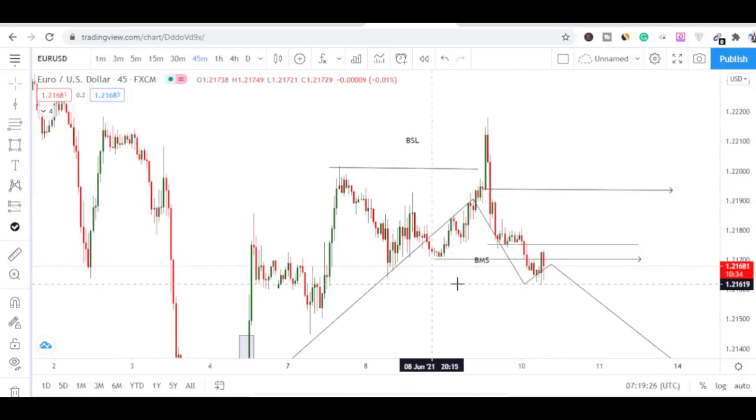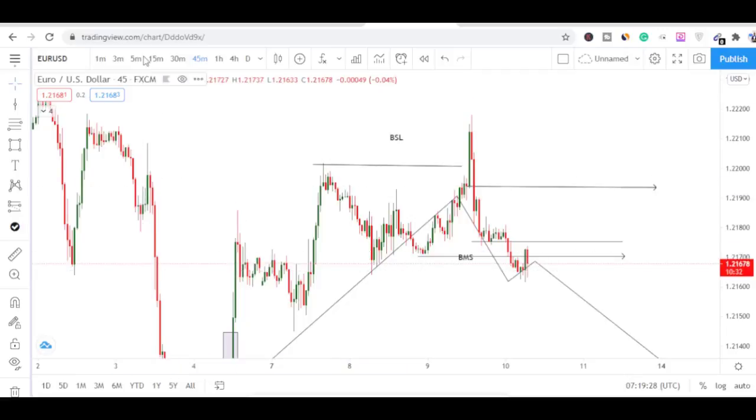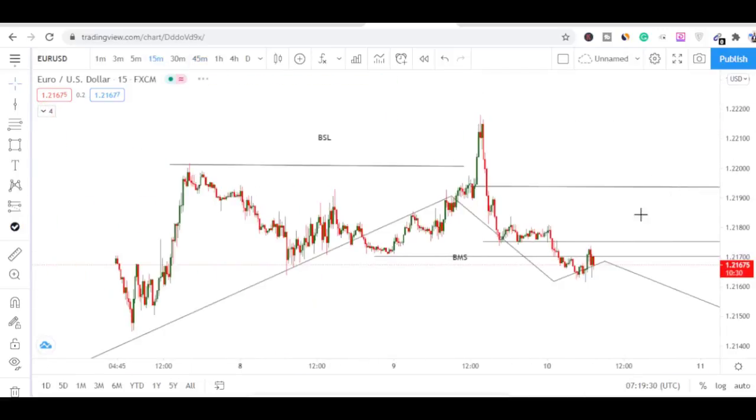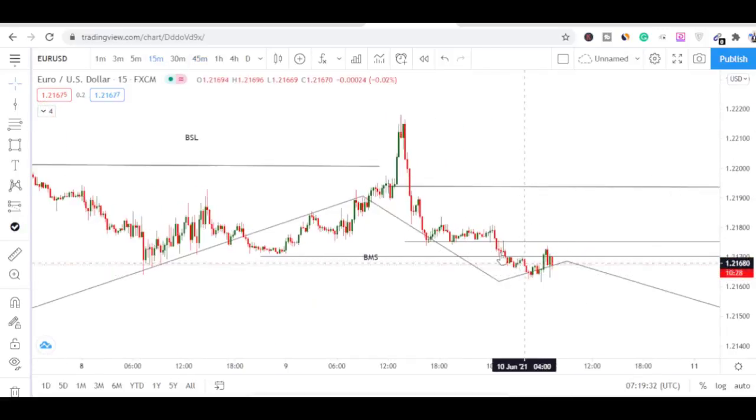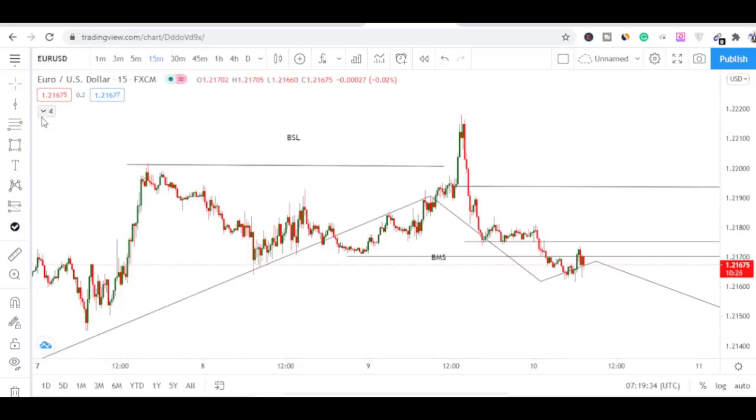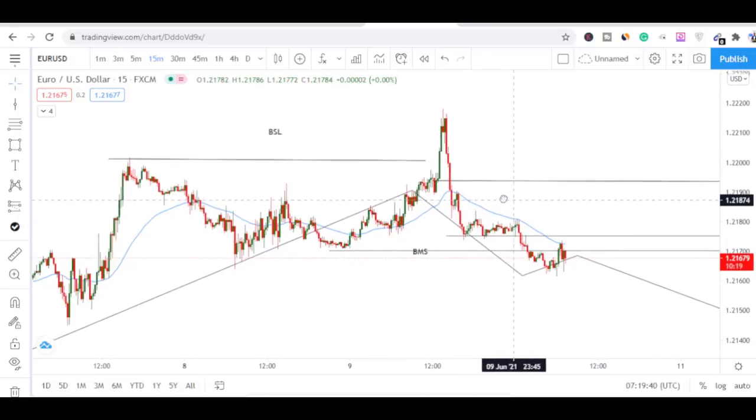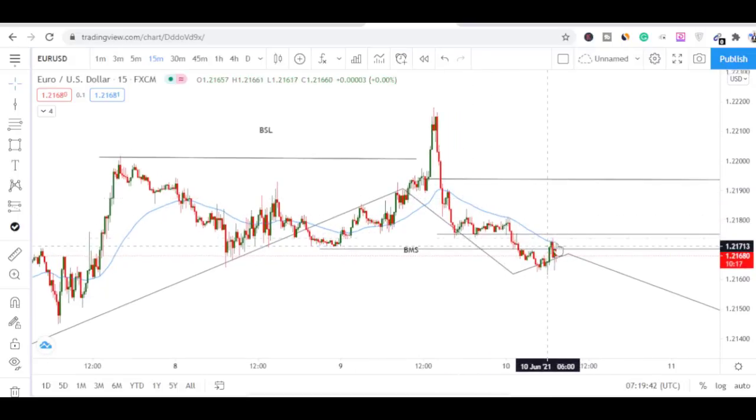Breaking structure, breaking structure, 15 minutes. Let's go to the 15 minutes. Price is now repricing back. So if I put out my 50% moving average, you see how price actually respected it, right? Price has respected it thus far.